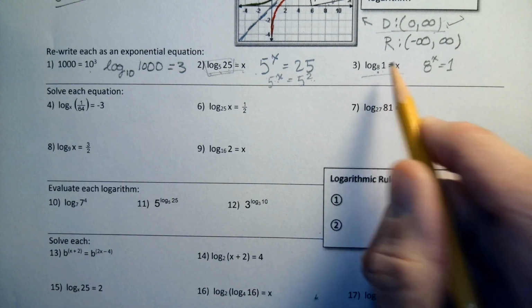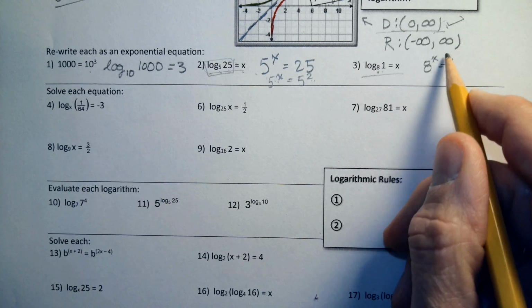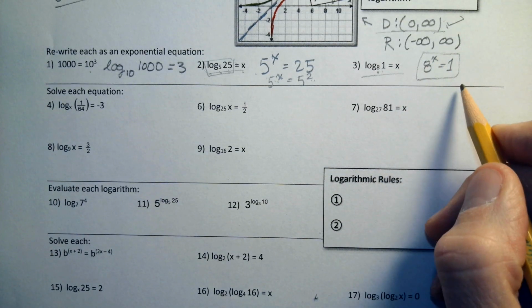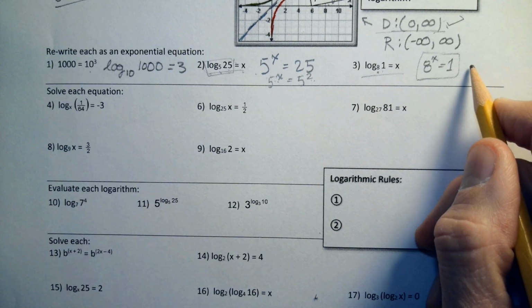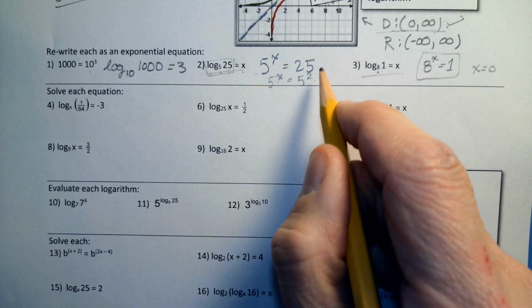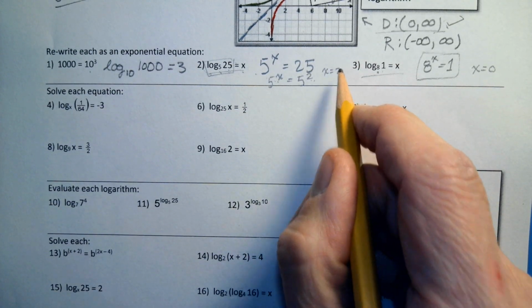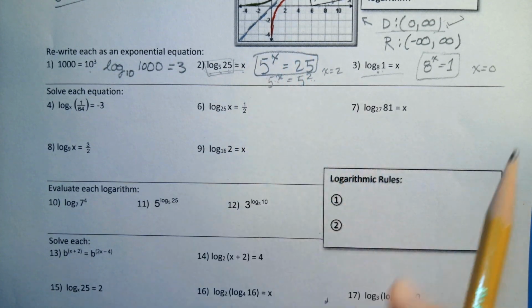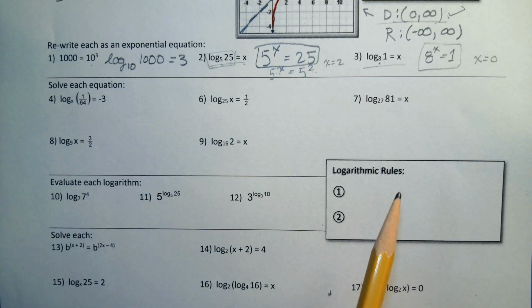Well, 8 raised to what power is 1? That's really what they're asking us to do, is convert it to an exponential equation. But we can see here x would be equal to 0, just like here we saw x was equal to 2. Not really what they're asking us to do. They were really just asking us to convert it, but we can think about solving some of those as well.